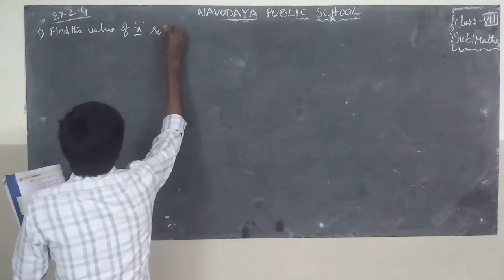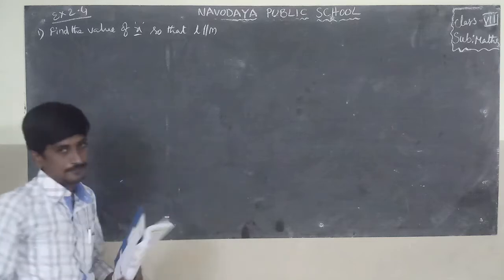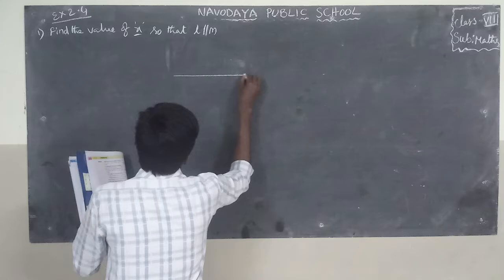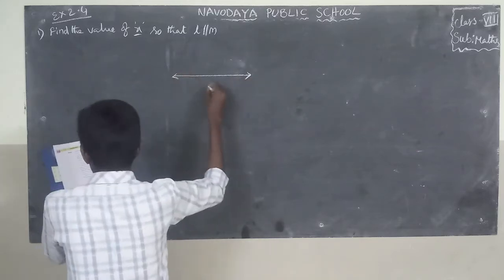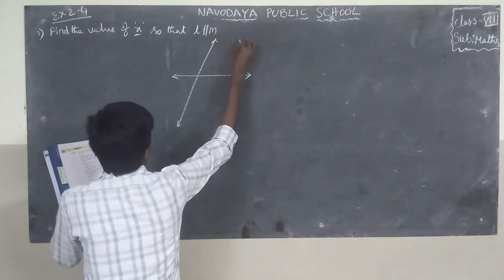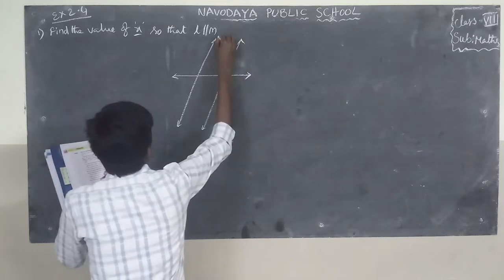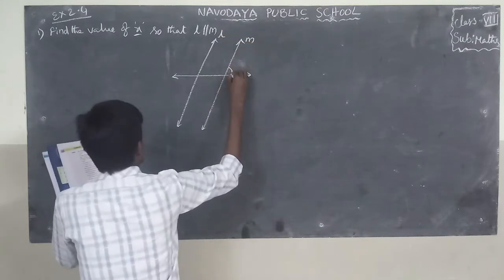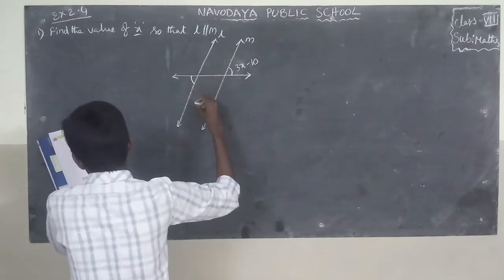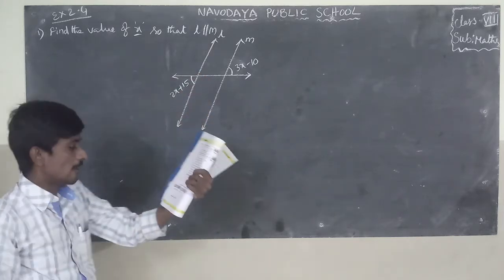L is parallel to M is given, and the diagram is shown. This value is 3x minus 10 degrees, and this value is 2x plus 15 degrees. Find the value of x.